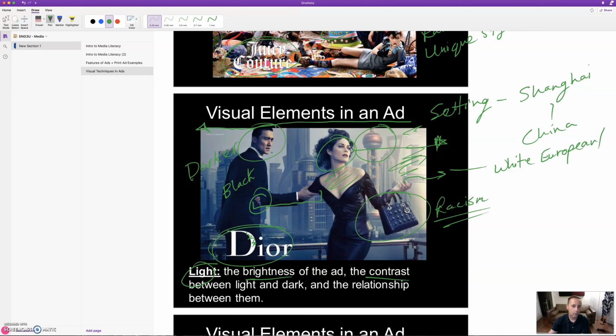She doesn't want to go with the Chinese guy, and he represents like darkness. And she's in China, and it seems like she's being pulled somewhere. Okay? So very strange ad concept, strange story. We could definitely do an oppositional reading of this. That's pretty strong. Okay, that's going to be our focus if we were analyzing that ad.